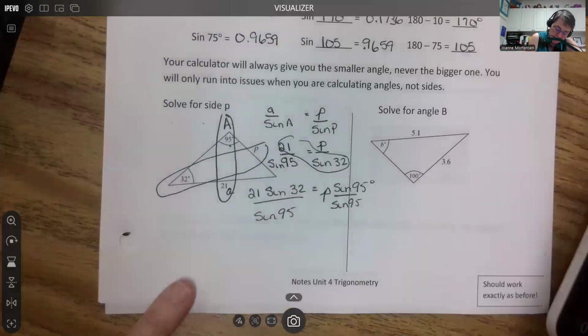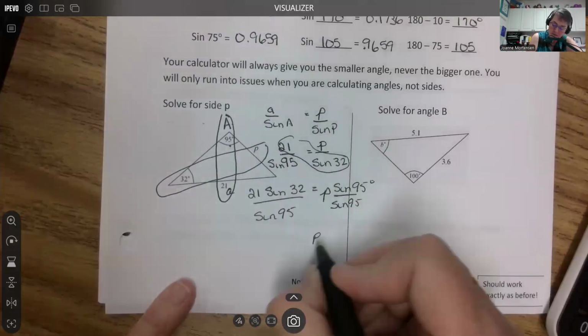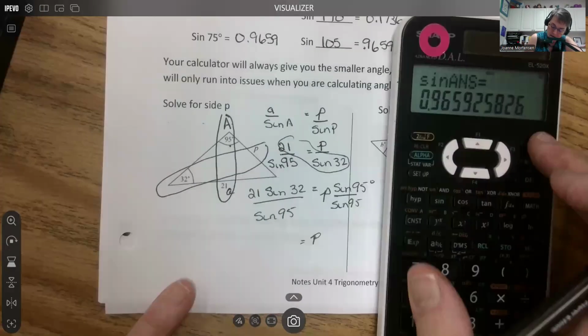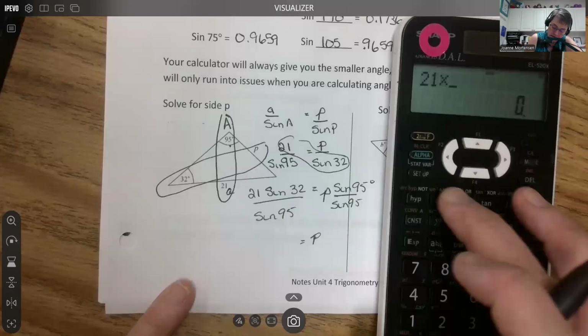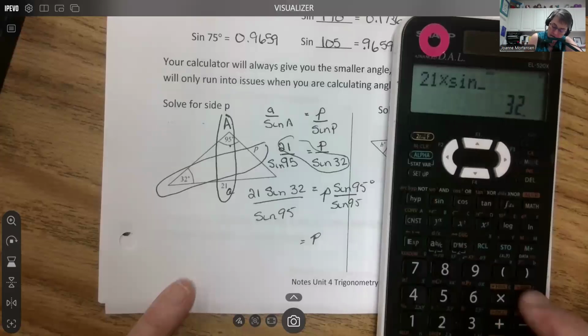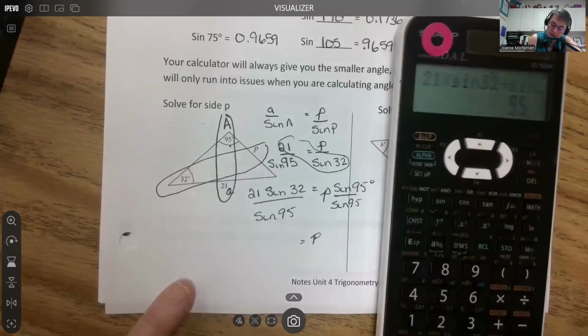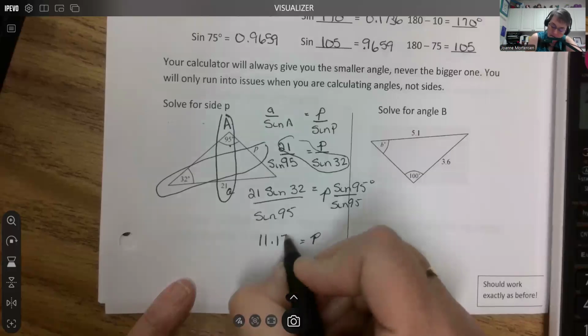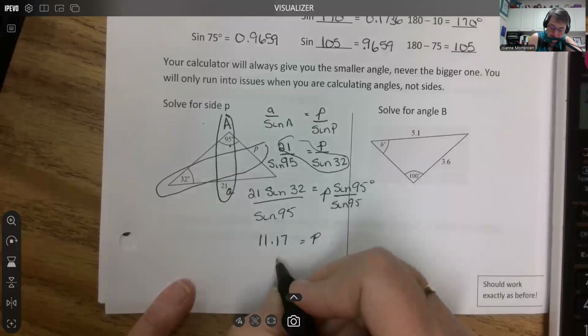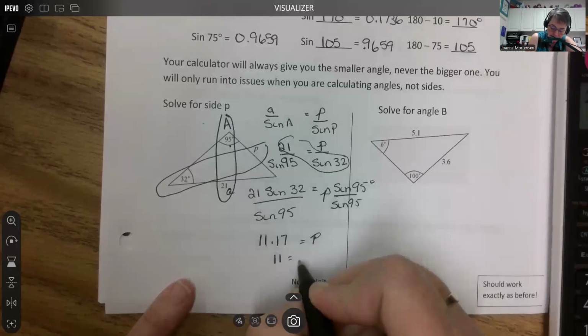So little p is equal to 21 times sine 32 divided by sine 95. And I get 11.17. And I'm going to make that 11. So 11 is equal to P.